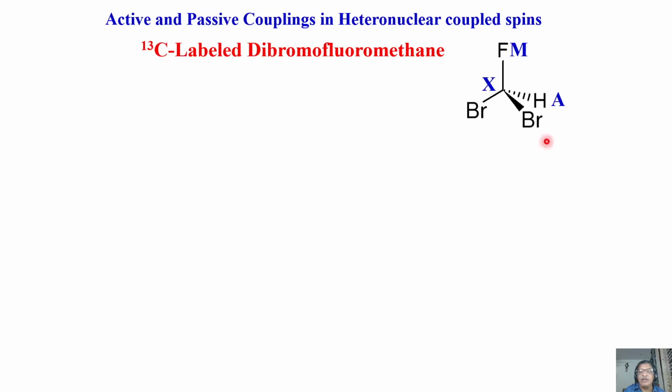I showed in one of my earlier classes that proton and fluorine are highly abundant spins with large gyromagnetic ratios, more or less comparable. And this one is now also made abundant, but the gyromagnetic ratio is not in my hands. I can make the abundance larger, but I cannot control the gyromagnetic ratio. So it doesn't matter. As far as I am concerned, all 3 are 100% abundant now after labeling.